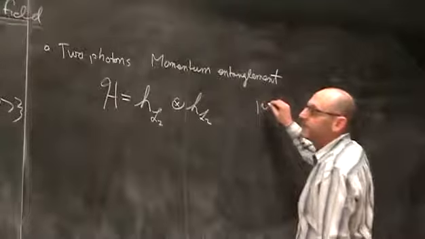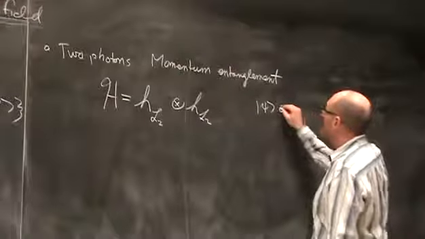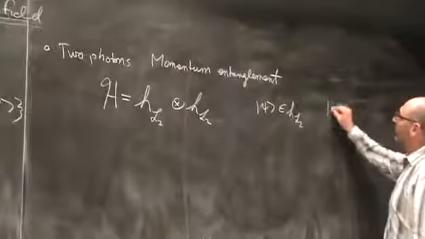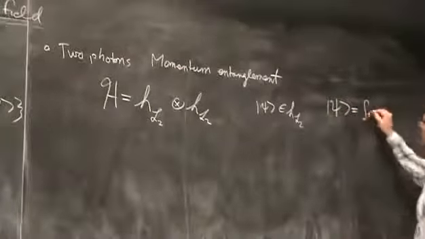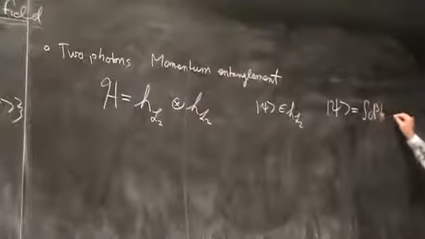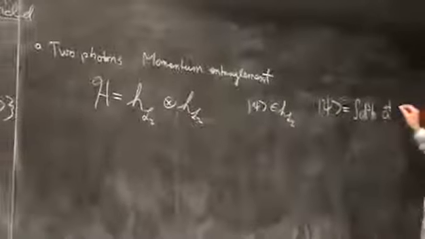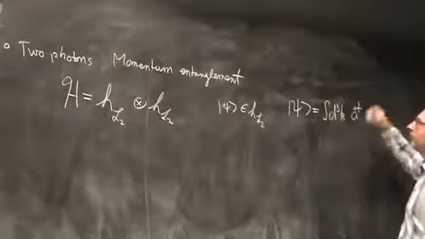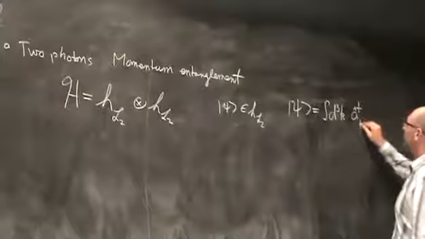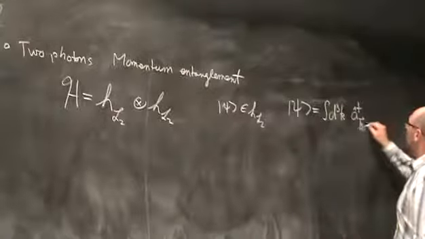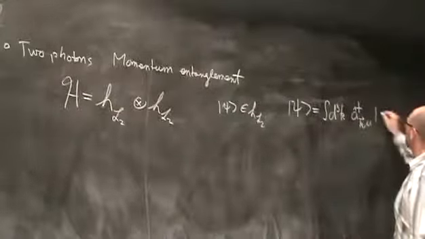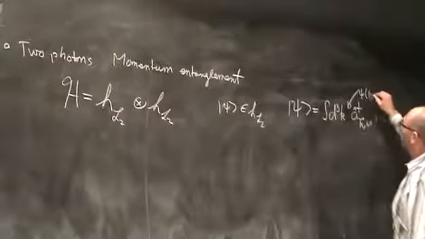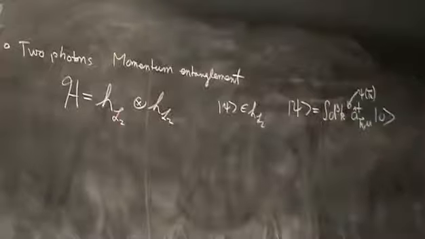So if we have some state that is in one of these Hilbert spaces, it generally would be of the form, let's see, yes, this is for one of the photons, with some important amplitudes there, right?